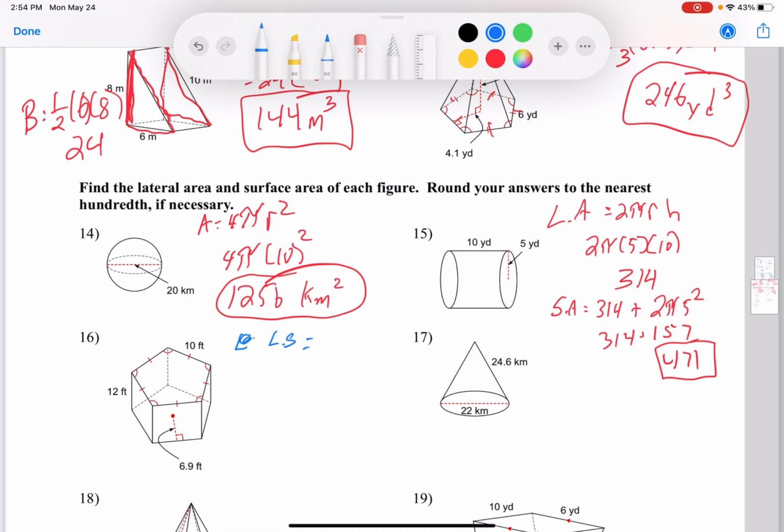Lateral area is equal to the perimeter times the height. Perimeter is 9.6. So perimeter, capital P is the perimeter of the base.